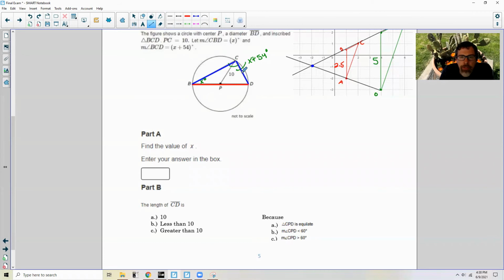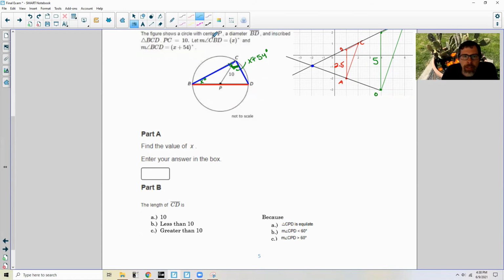Thales theorem says the angle is 1/2 the intercepted arc. Well, the arc's 180 degrees, so the angle's 90. So this is in fact a 90-degree angle right here.